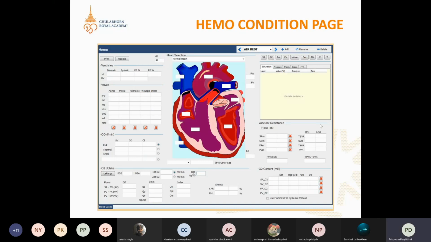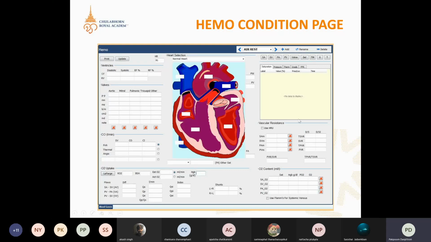Here is the hemodynamic page. This is an example from the Philips model that you may see in the future when you are working in a laboratory with the Philips system.